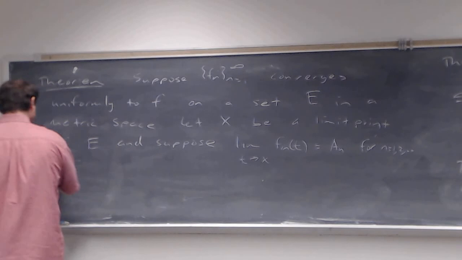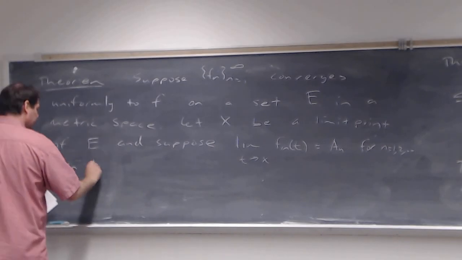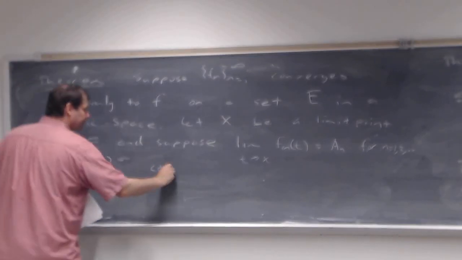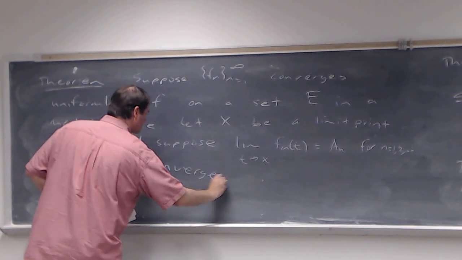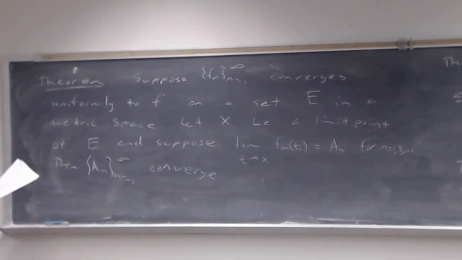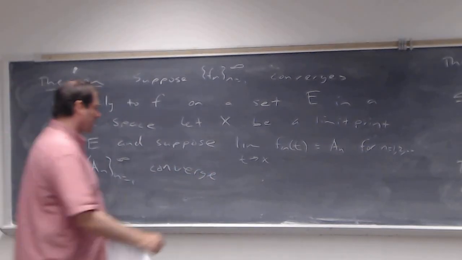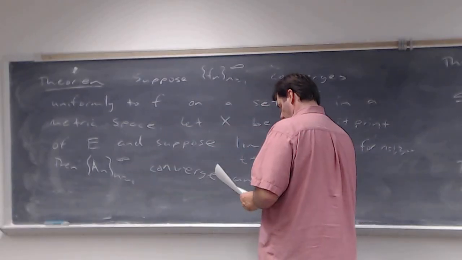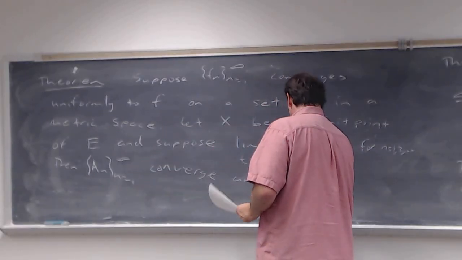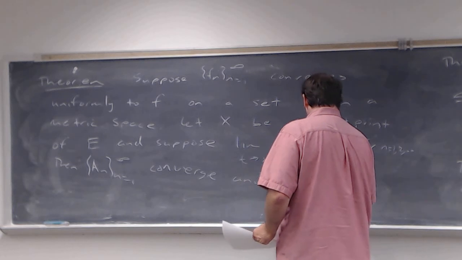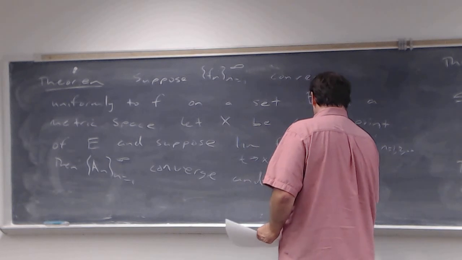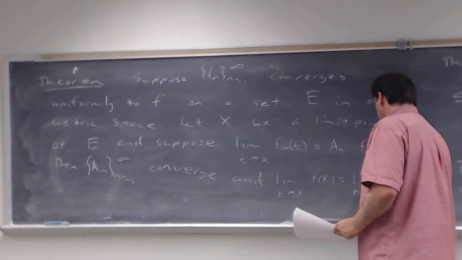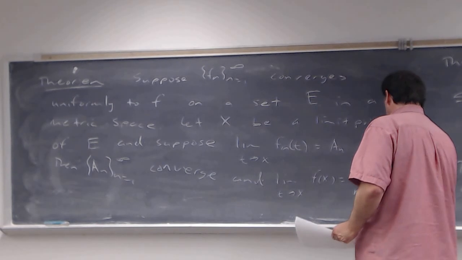Then the sequence of the a sub n's converges. And not only do they converge, but also the limit as t goes to x of f of x equals the limit as n goes to infinity of a sub n.